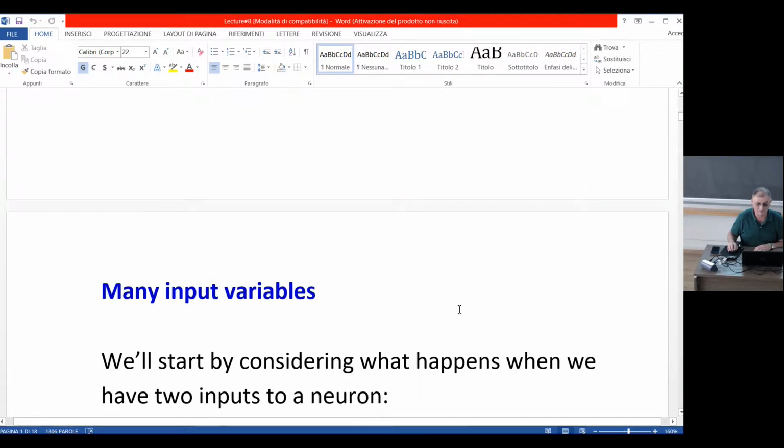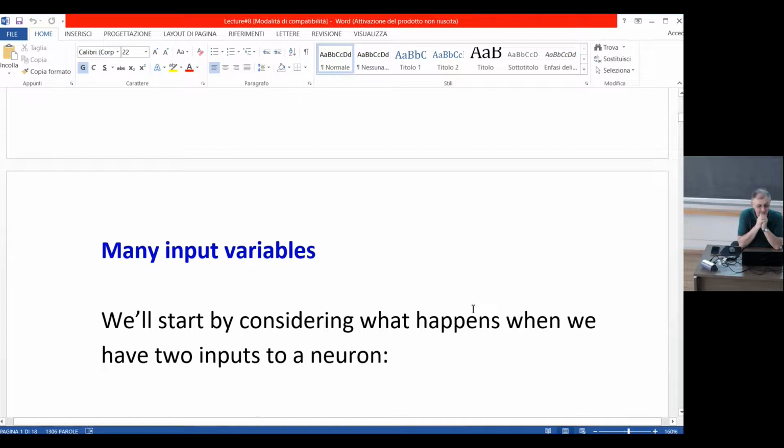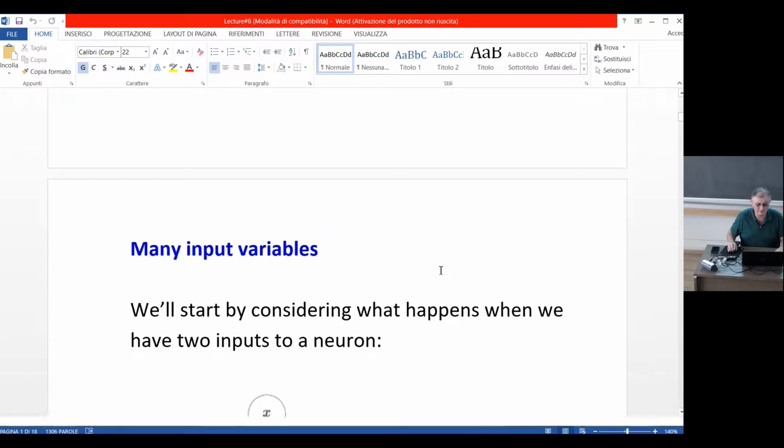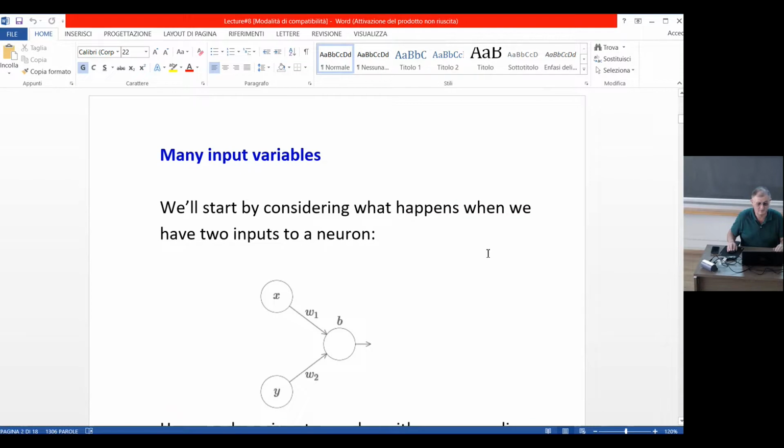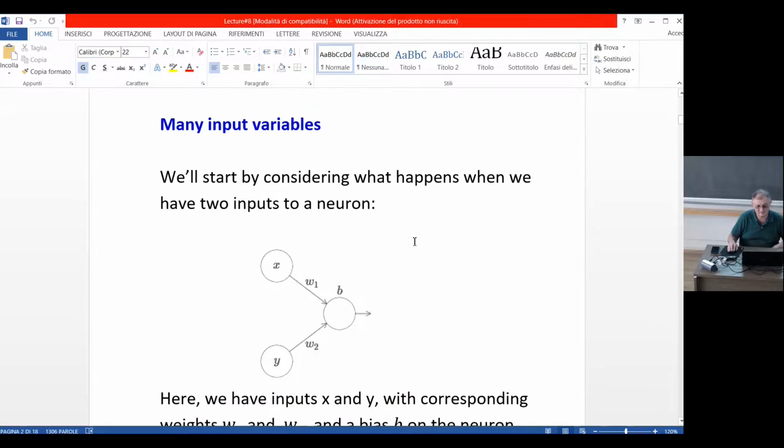So now, a very interesting fact is how this can extend to many input variables. We can now consider the more dimensional case. As usual, to construct the multi-dimensional case, we begin from the two-dimensional case.